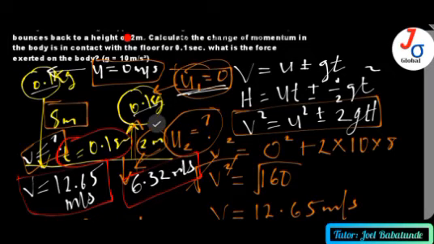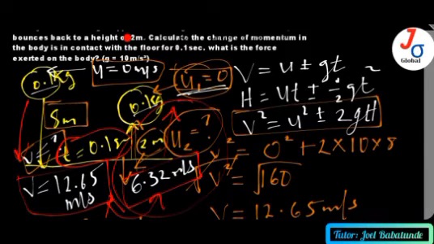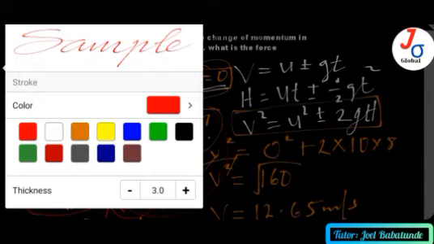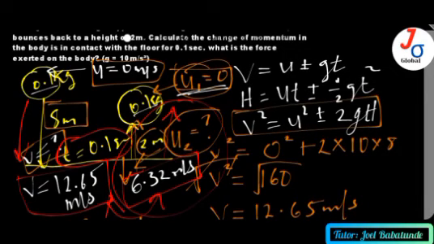If you notice, they are going in opposite directions. This was initially coming down, and then this was going up. Since they're in opposite directions, they have to subtract each other. That means this one has to be the negative of this.